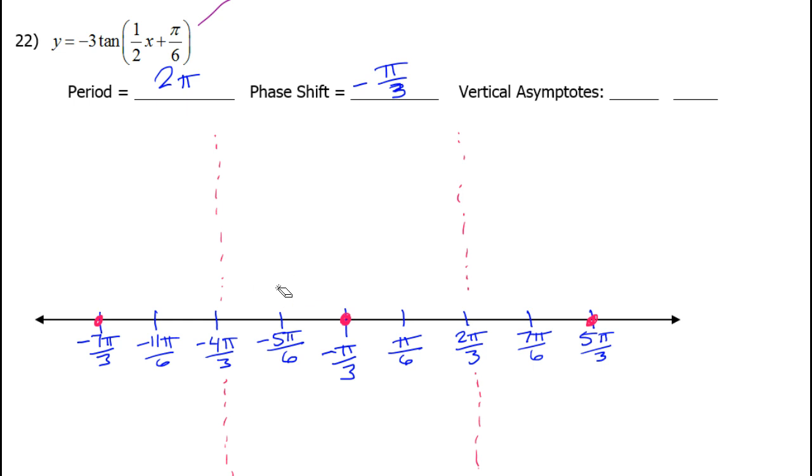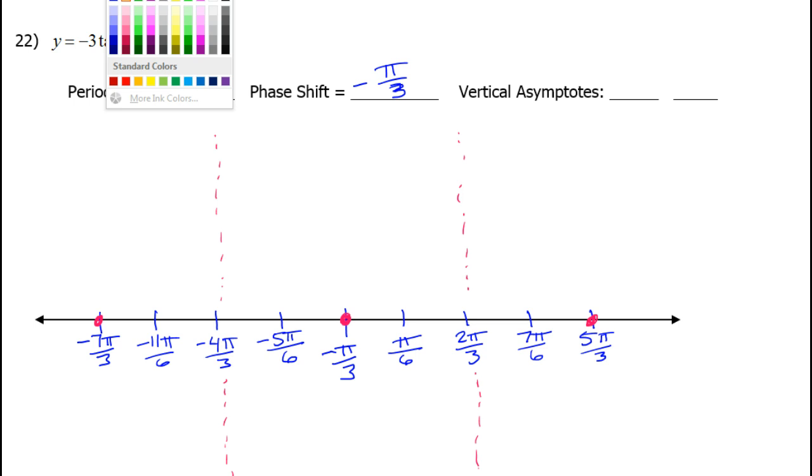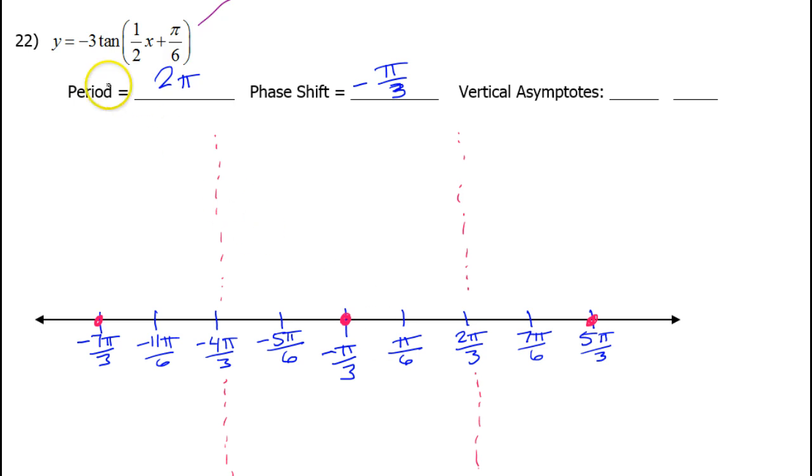Now, I'm going to have to get the y-axis in here so I can mark it with my amplitude and such. Well, technically it's not the amplitude for tangent, but the a value. So I see negative pi over 3, positive pi over 6, so I know the y-axis is going to be somewhere between these two numbers. So I'm going to put my y-axis in.